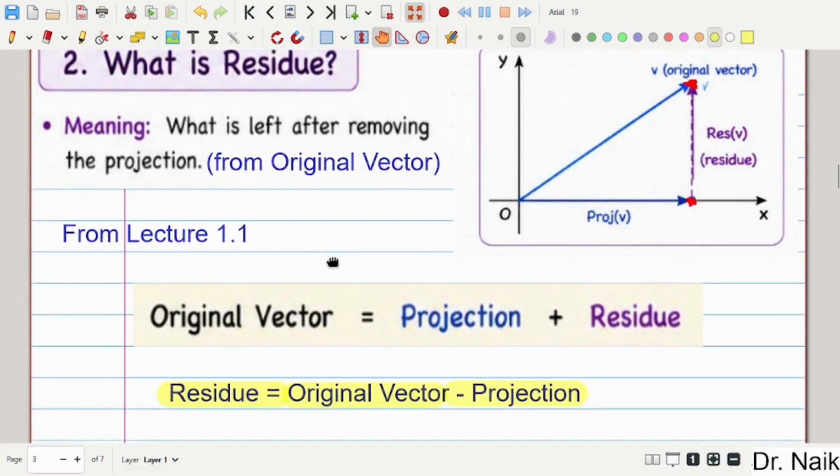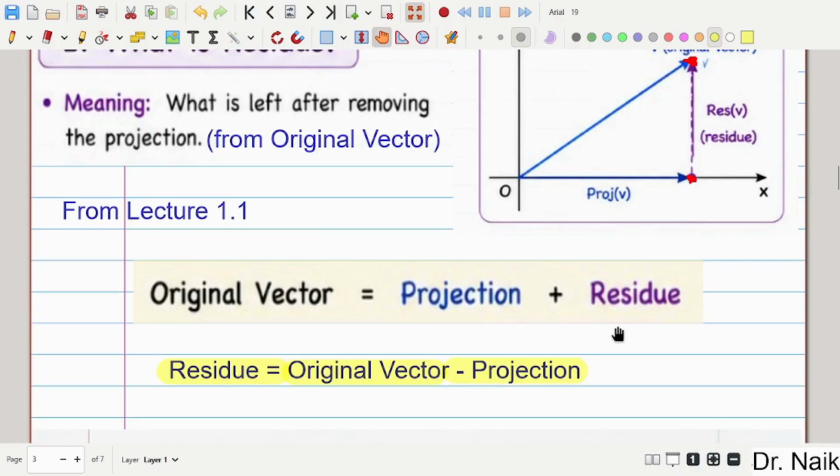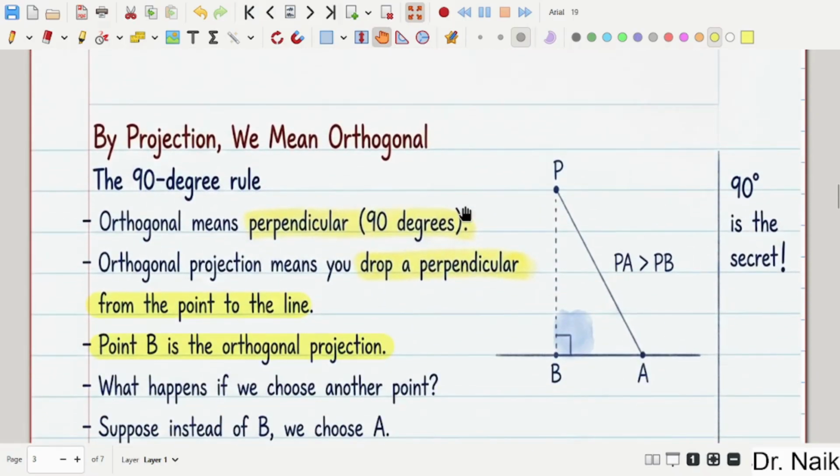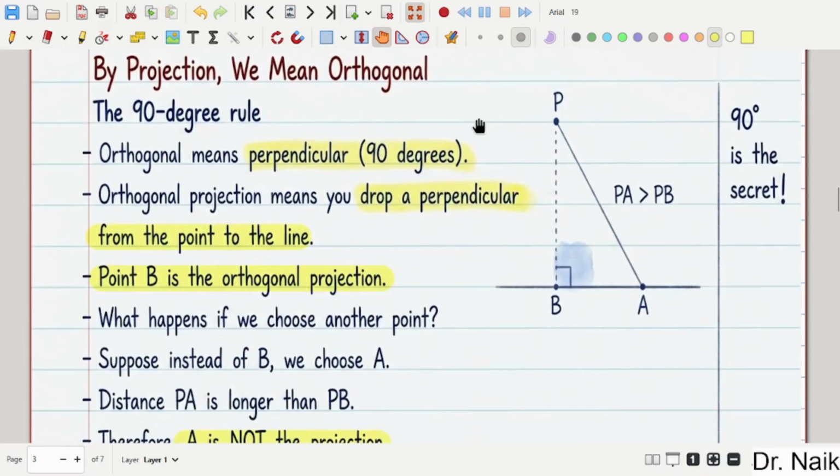So, the formula of the original vector is projection plus residue, and residue means original vector minus projection. Always remember that residue is always perpendicular to the line. Perpendicular means it is orthogonal. Orthogonal projection means you drop a perpendicular from the point to the line. Therefore, B is our orthogonal projection.